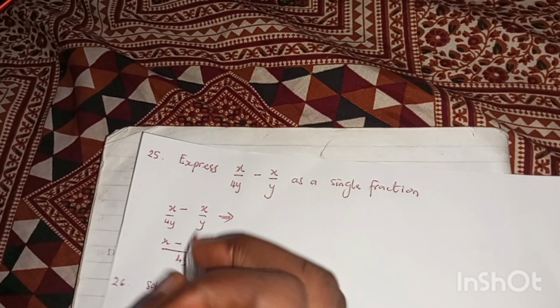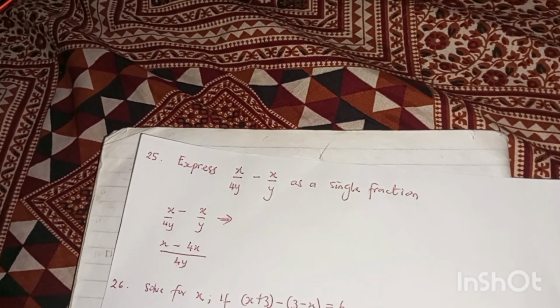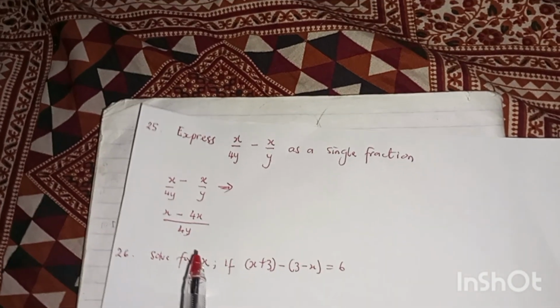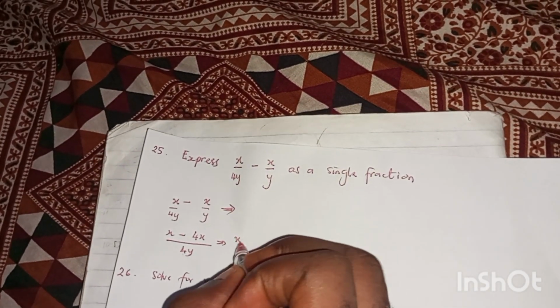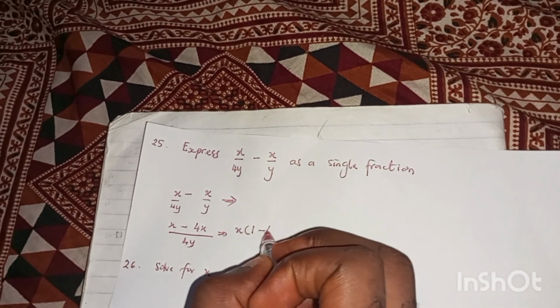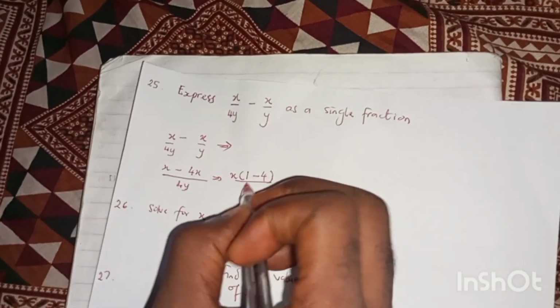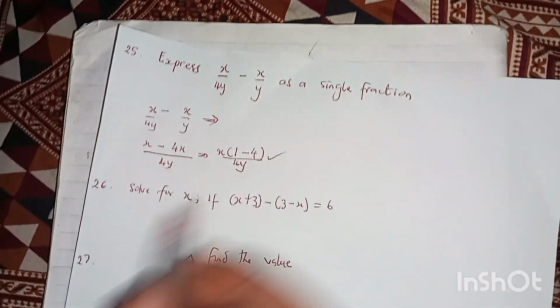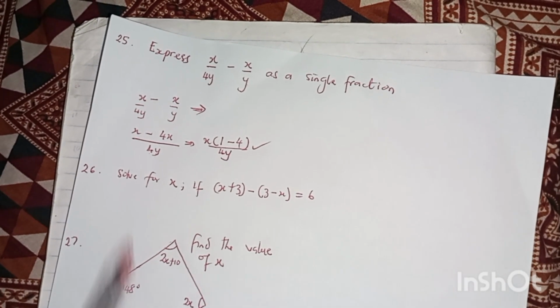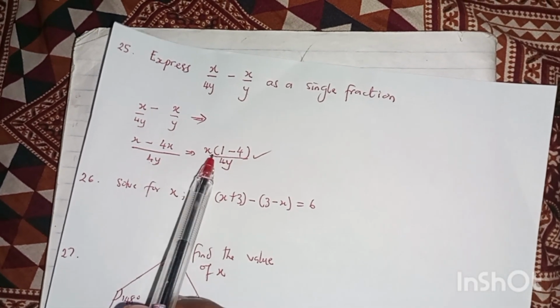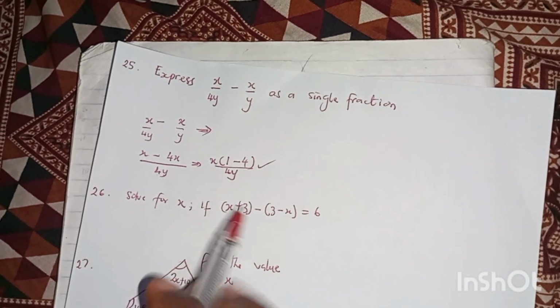So 4 times x, that's going to be 4x. And that's just that. I might decide to just factorize. We factorize, x is common, so x, open a bracket, 1 minus 4, all over 4y. That's how you can check it: if you open the bracket, x times 1 is x, x times minus 4 is minus 4x.